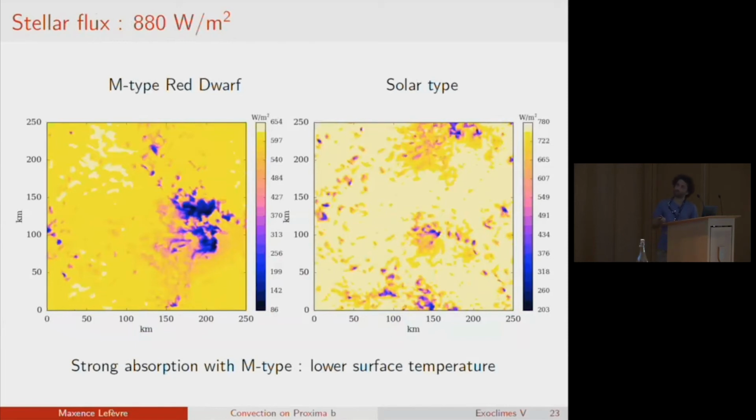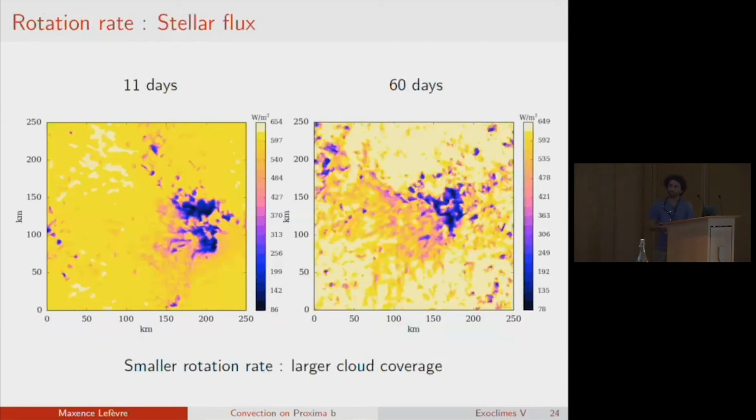What you can see here is that the surface flux that reaches the surface with a solar type star is higher than with the M-type red dwarf, and so this will influence the surface temperature and the convection.